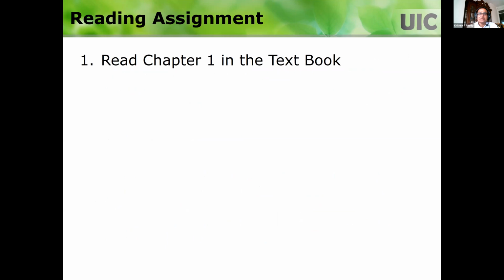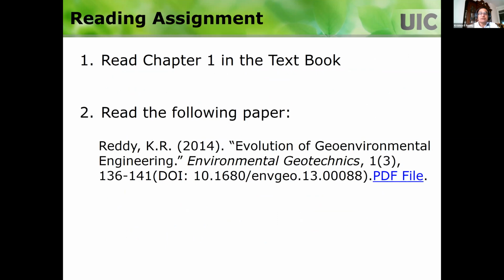What I would recommend you do, as a reading assignment, is to read chapter 1 in the textbook, so you get a better understanding of the evolution of the geoenvironmental engineering field. I also recommend you read this paper, The Evolution of Geoenvironmental Engineering. You can download a PDF file from my website.